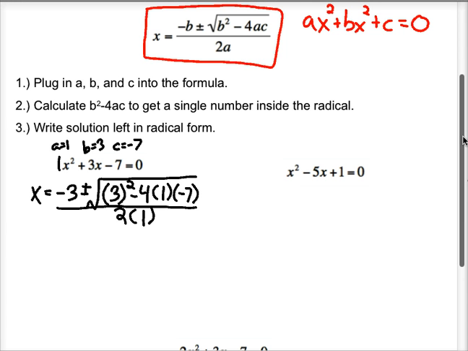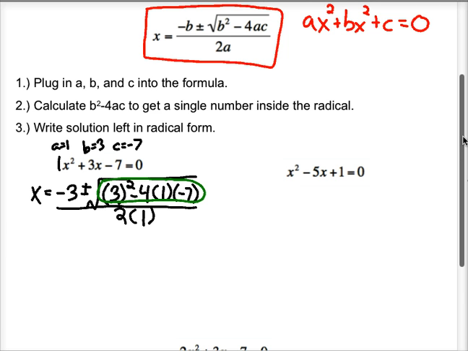Now, I also want you to note my second step. Calculate b squared minus 4ac to get a single number inside the radical. So basically what I'm saying is calculate this first. I want a single number under the radical.